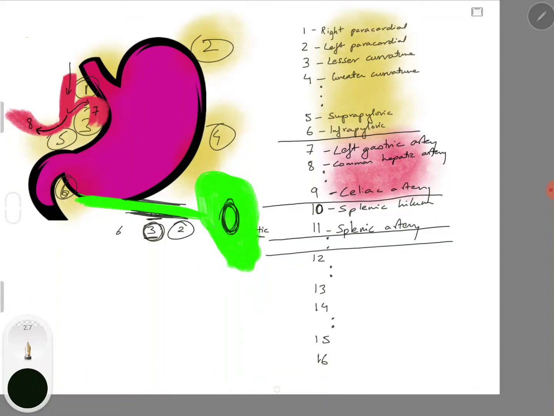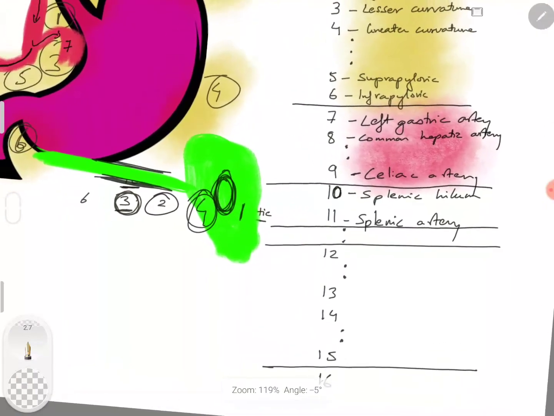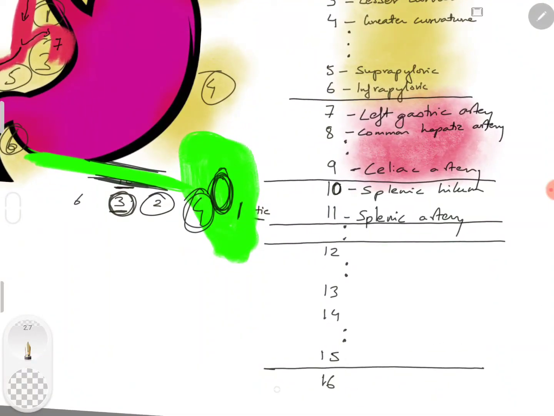Then we have a group of 4 lymph nodes, 12, 13, 14, and 15. The last one is aortic.